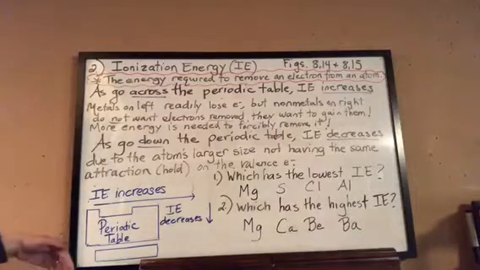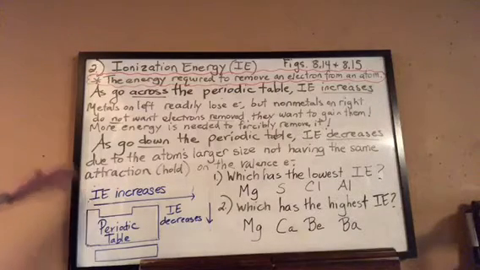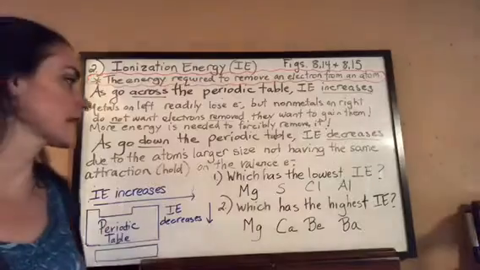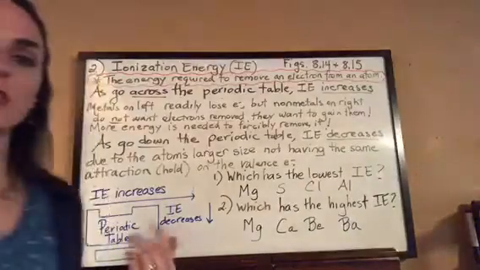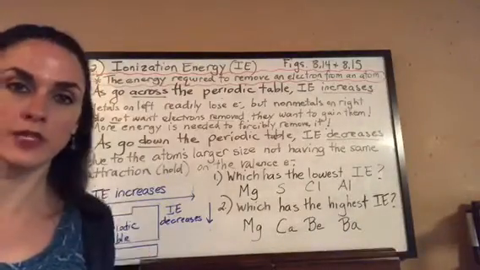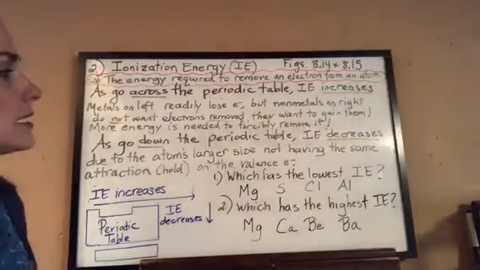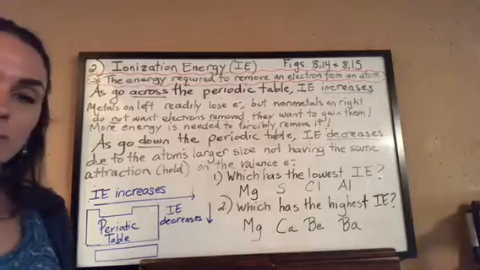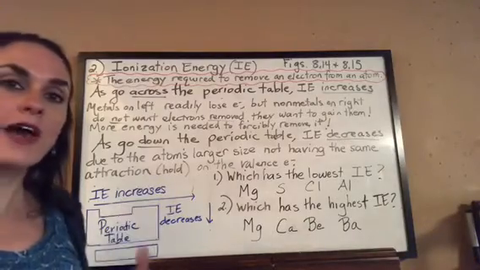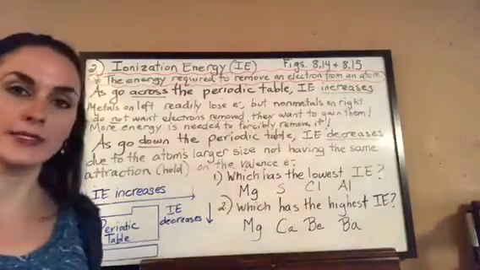As we go down the periodic table, the ionization energy decreases due to the atom's larger size. So we had just talked about atomic size. We said as we go down the periodic table, the atoms get larger due to the increase in principal energy levels. So the atoms get larger, and that has the reverse effect on ionization energy.